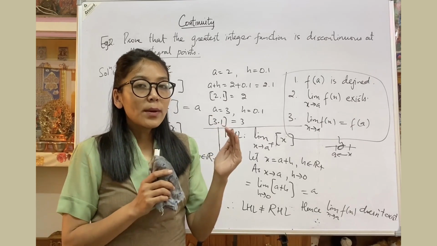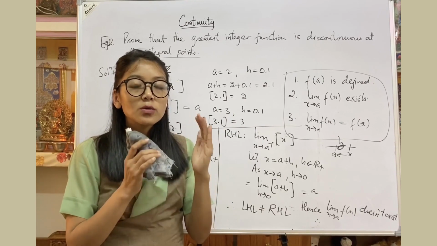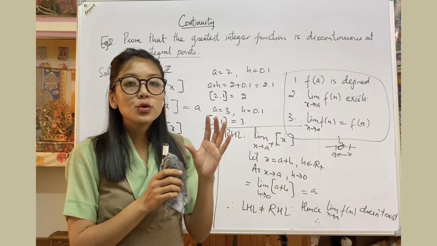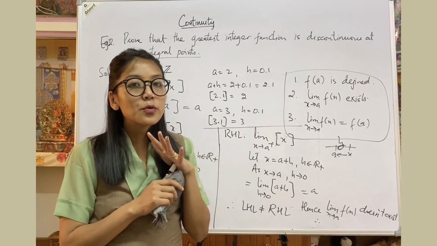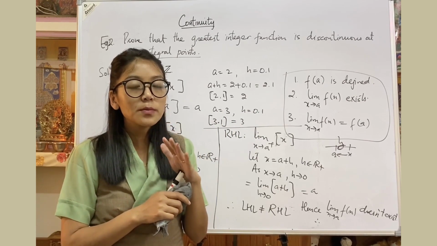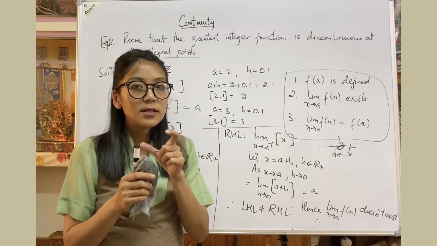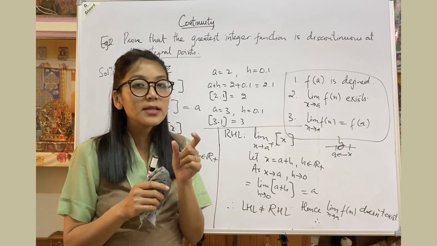Now the important part in the three is showing the existence of the limit. This is the major concept in this topic, and you had already studied that in class 11, so you shouldn't face much problem. But still, if you are facing problems, then check the lesson again, continuity and differentiability part 1, my first lesson.